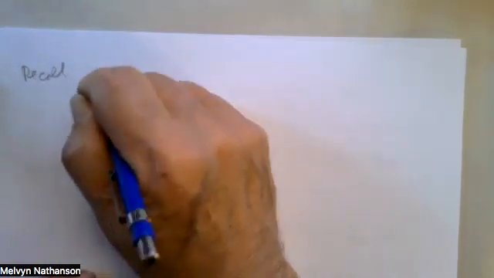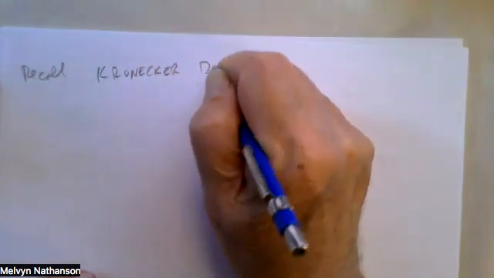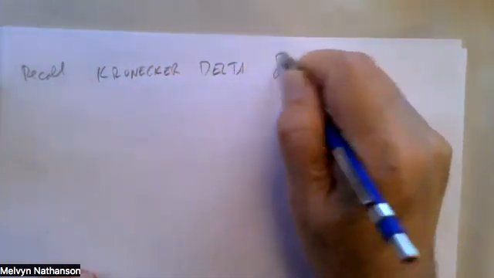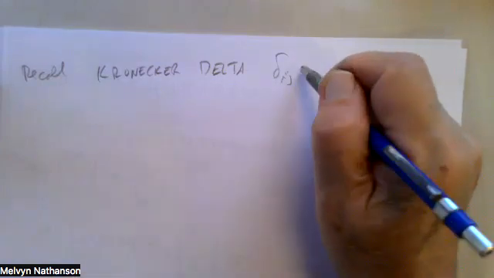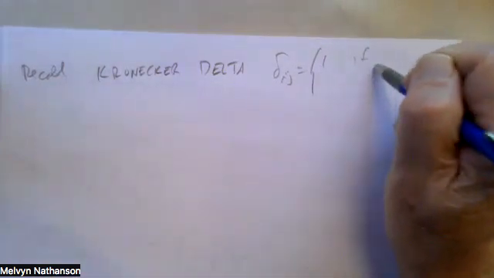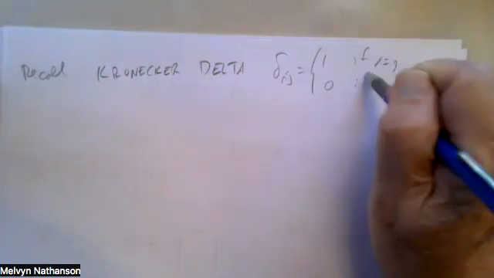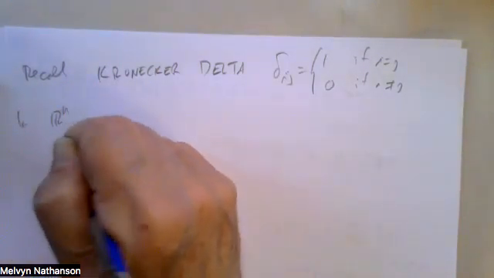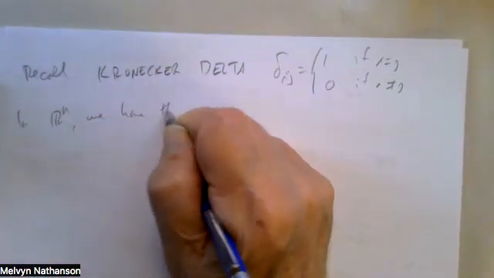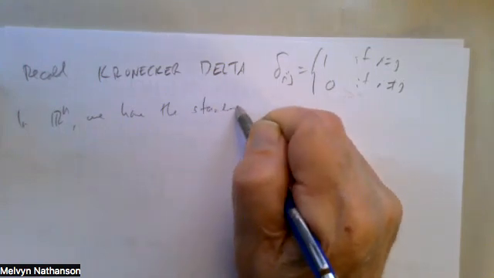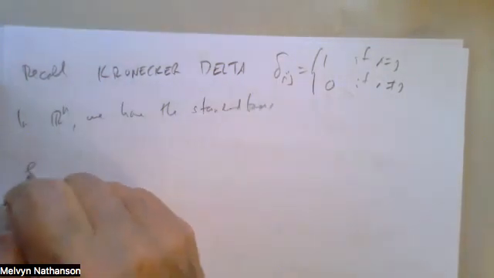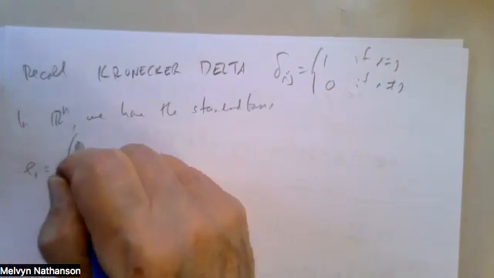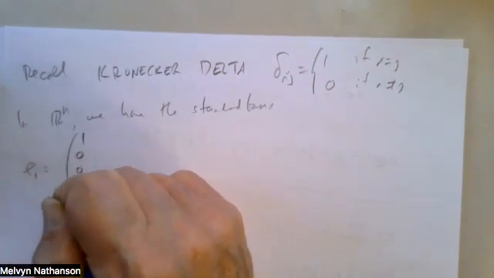Let's see. So recall a simple function which is called the Kronecker delta. Delta ij is defined to be 1 if i equals j and 0 if i is different from j. And in Rn, we have the standard basis: E1, which is 1 and then all zeros.